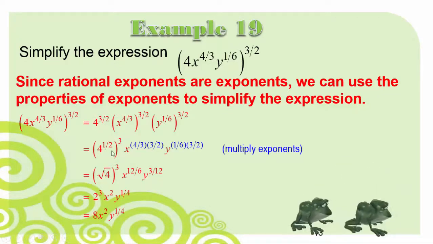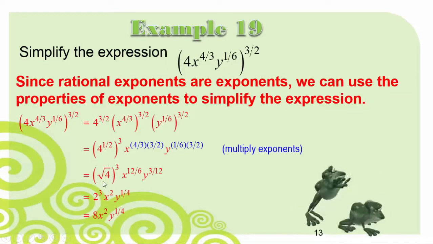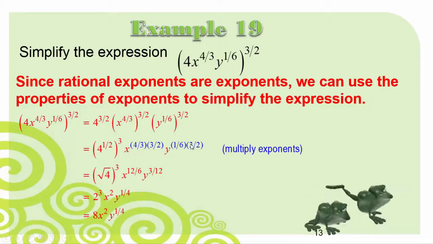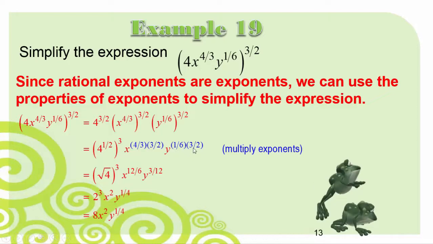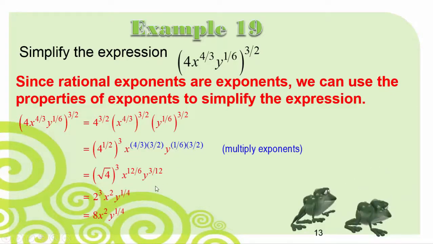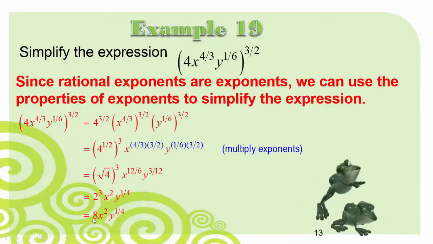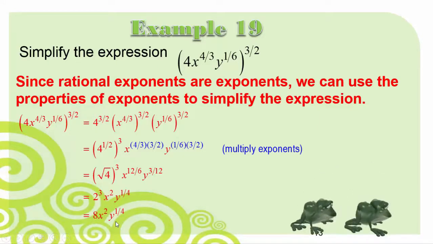And if you like, we can turn the 1/2 power into a square root and bring that to the third power. When we multiply 4 times 3 we get 12, and 3 times 2 we get 6, and 1 times 3 we get 3, and 6 times 2 we get 12, and then we simplify this to get 2 to the third x squared y to the 1/4, and that gives us 8x squared y to the 1/4.